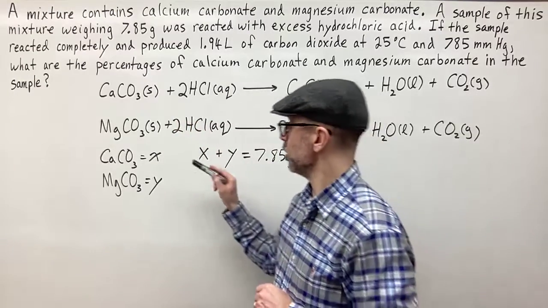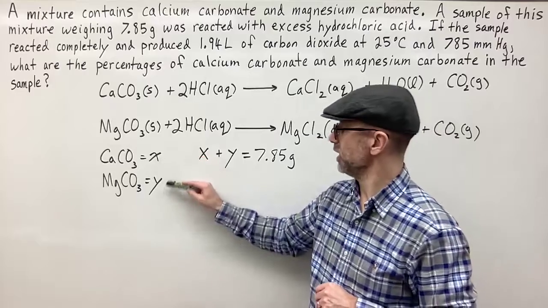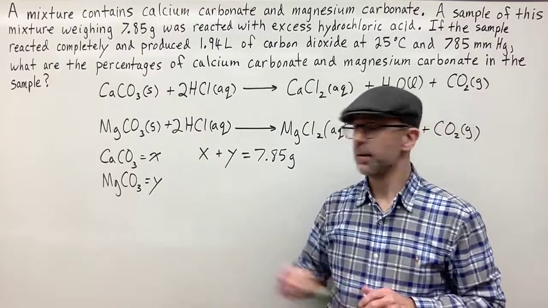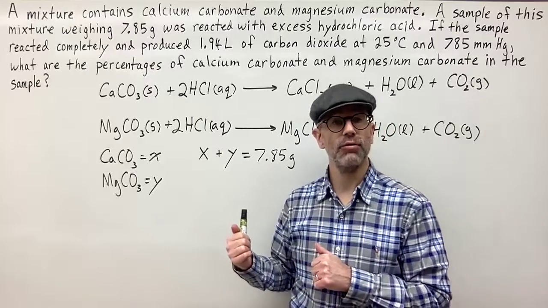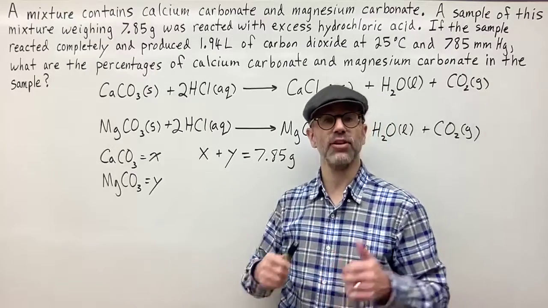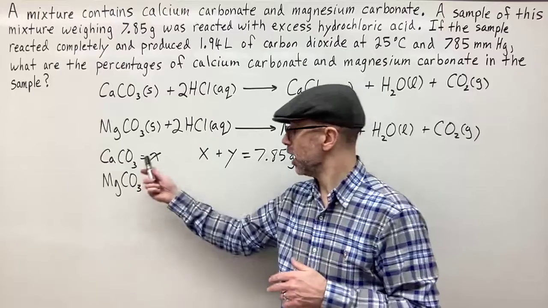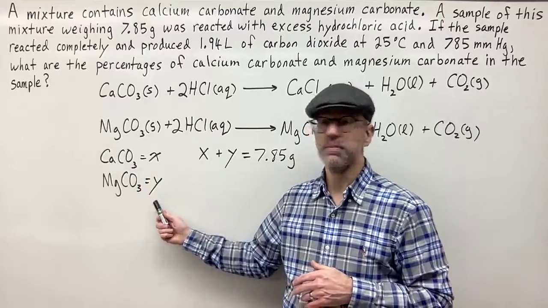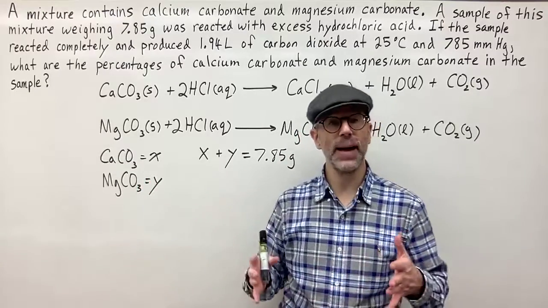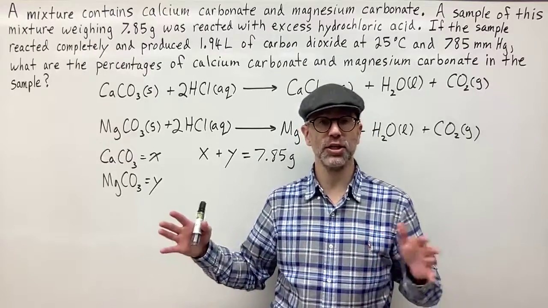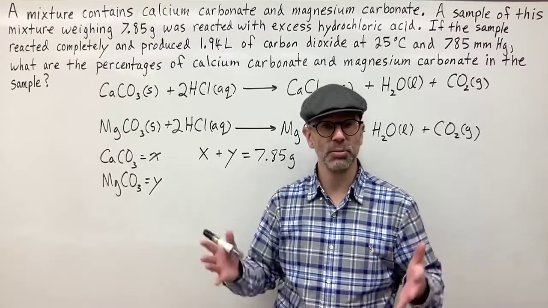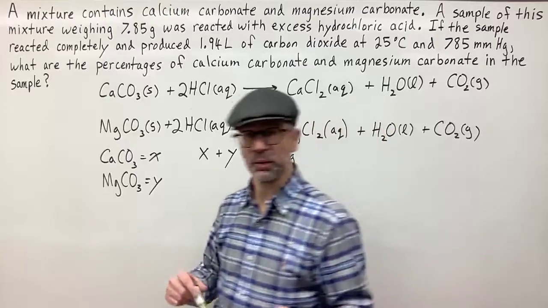So we're going to convert each of the amounts of the mixture to moles of the carbon dioxide gas that's produced from each of these. Okay? And so we're going to do that by just doing our normal stoichiometry conversion factor problem, right? So let me show you what I mean.